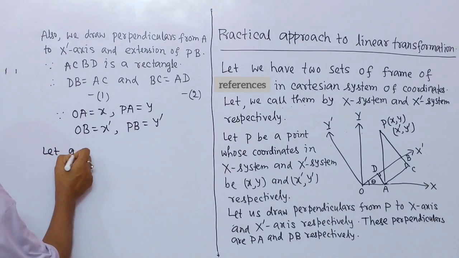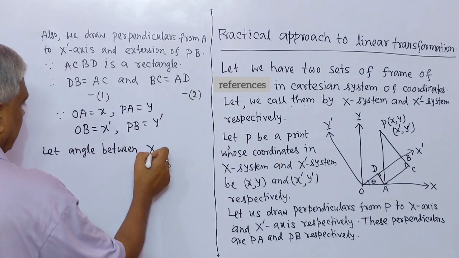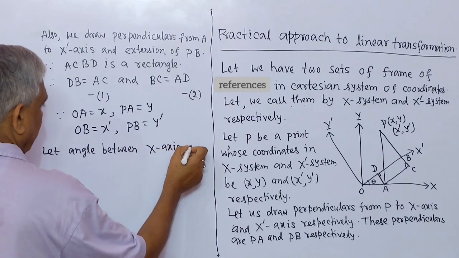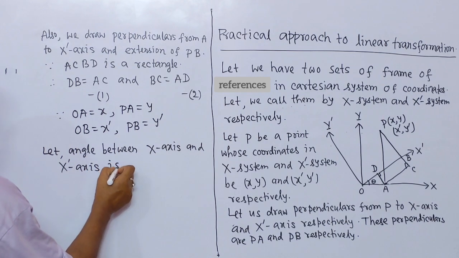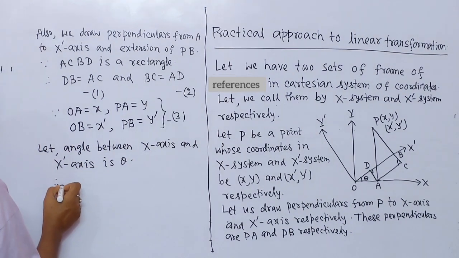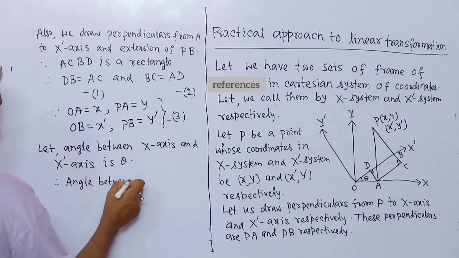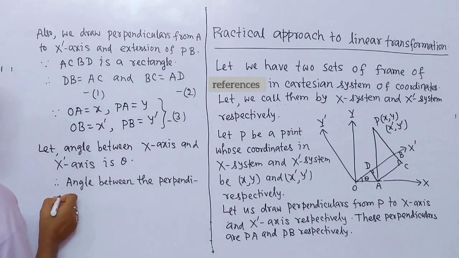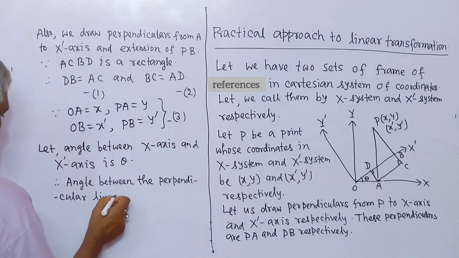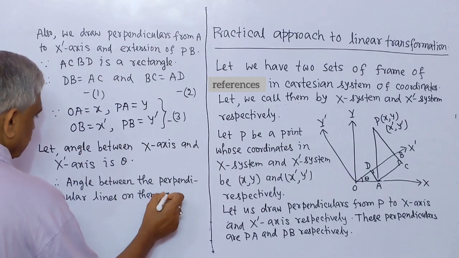Let the angle between the x axis and x prime axis be theta. Therefore, the angle between the perpendicular lines on them will be theta.